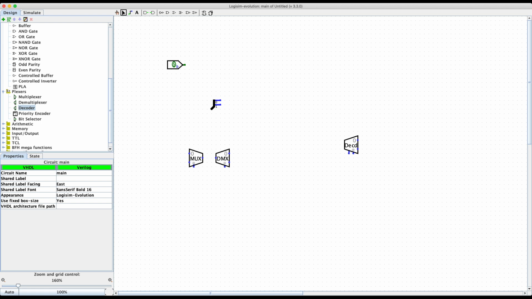How many bits do I need to describe two things? Just one bit, right? So the thing at the bottom right is my selection bit, which tells the circuitry which one I actually want connected to the output.